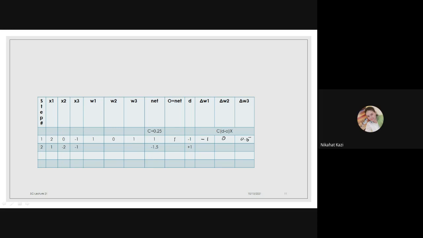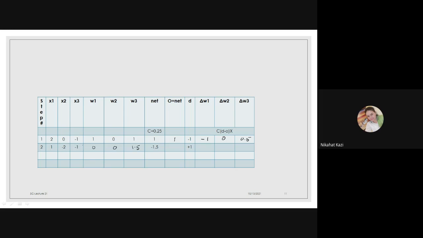Correct. Good. Can you tell me the new weight values? W1 is 0, W2 is 0, W3 is 1.5. Good. So O is equal to net.